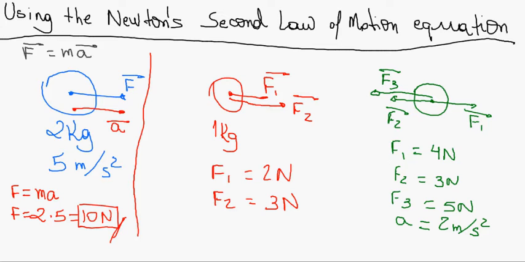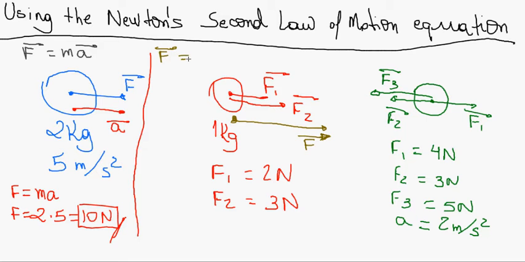Let's now solve the second, the red example. We have a body on which two forces are applied, and the forces are in the same direction. So we know that the net force is also in this direction, to the right, and let's just call the net force F. I'm not using exactly correct lengths for the vectors; it's just a simple way to represent them.